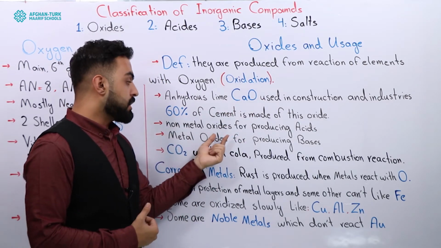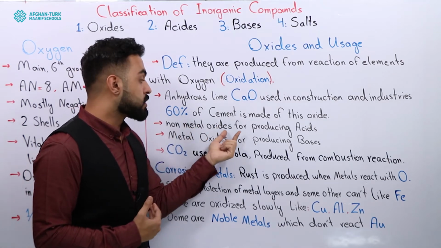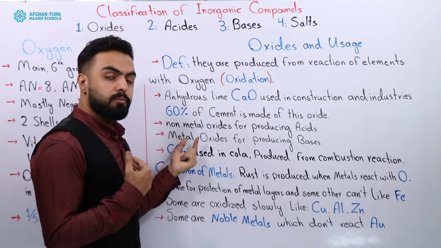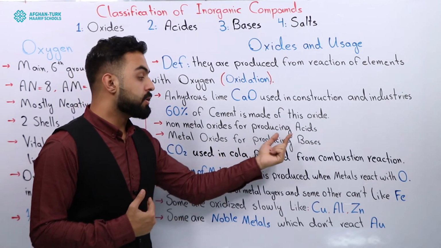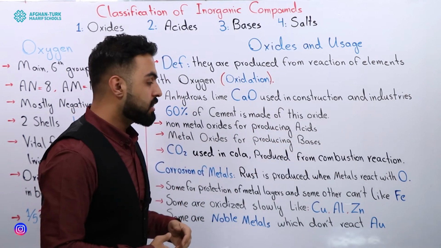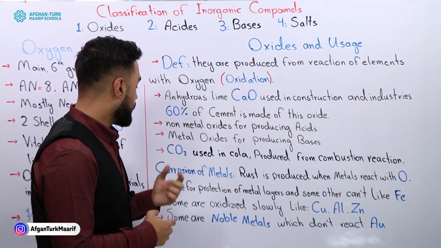We use nonmetal oxides for producing acids, and we use metal oxides for producing bases. We will study acids and bases and what they are in the next sessions, inshallah.